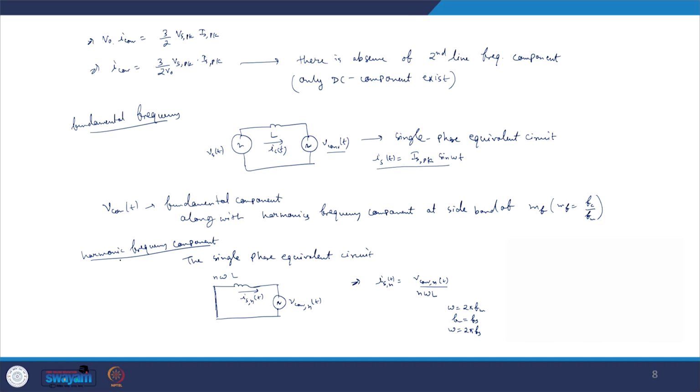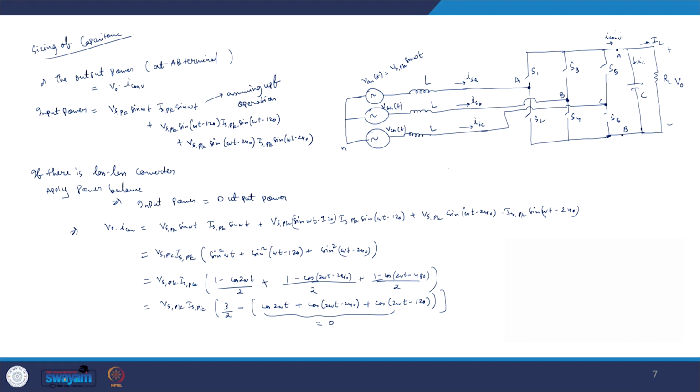Because of the harmonic frequency component in current, along with this pure sinusoidal current we also have the harmonic current, and that harmonic current will introduce a harmonic component of current in the I converter. That harmonic current has to be filtered out by capacitor C, while the DC current will be going through the load RL.